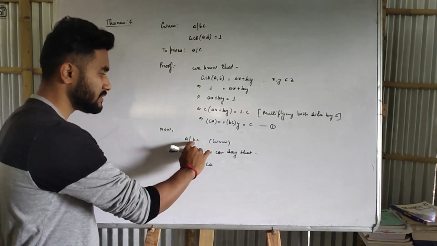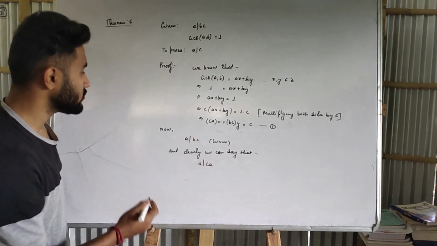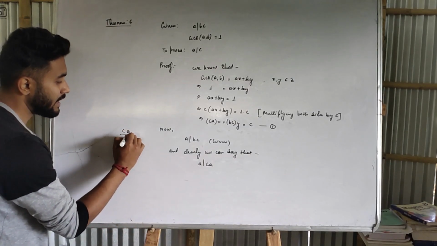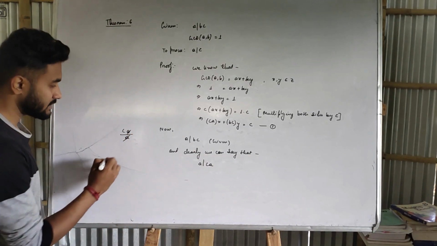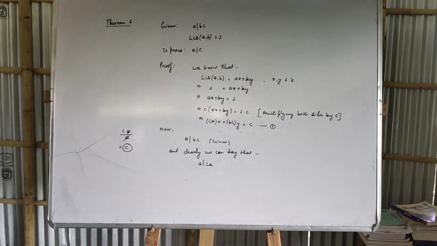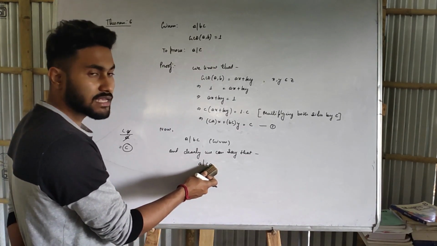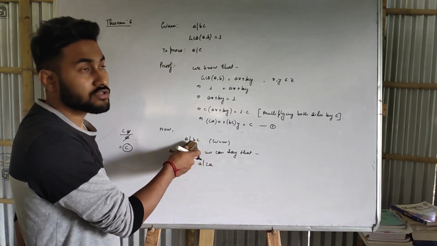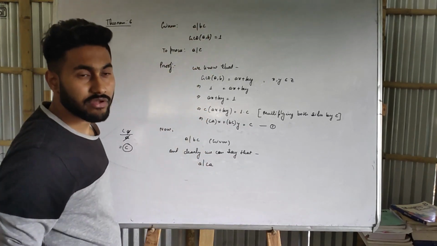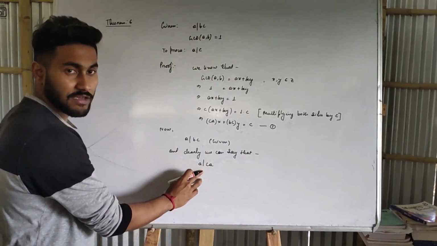I don't know how A divides BC, but I am sure that A will divide CA. Why? Because common sense, CA divided by A, obviously A and A will get cancelled. Your answer is C, which is an integer. So 100% A will divide CA, and it will not be given in the question because obviously A is cancelled out. But this we are not sure about, so that's why the information that A divides BC is provided in the given. But this we are 100% sure, that A will divide CA.